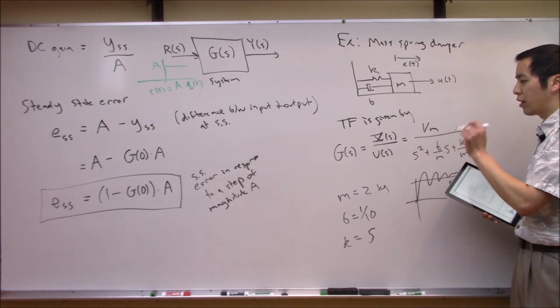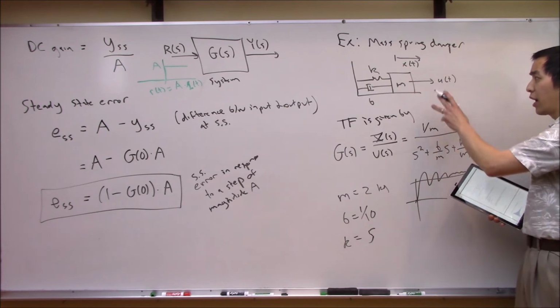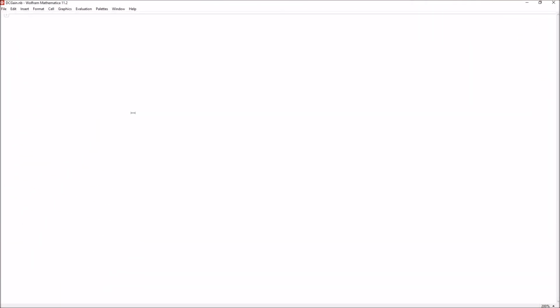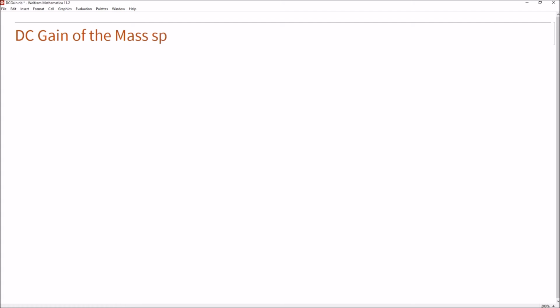So let's jump over to Mathematica and finish out this example looking at the DC gain of the system. All right, so here we are in Mathematica. Let's explore the DC gain of the mass spring damper system. Let's put in our transfer function.